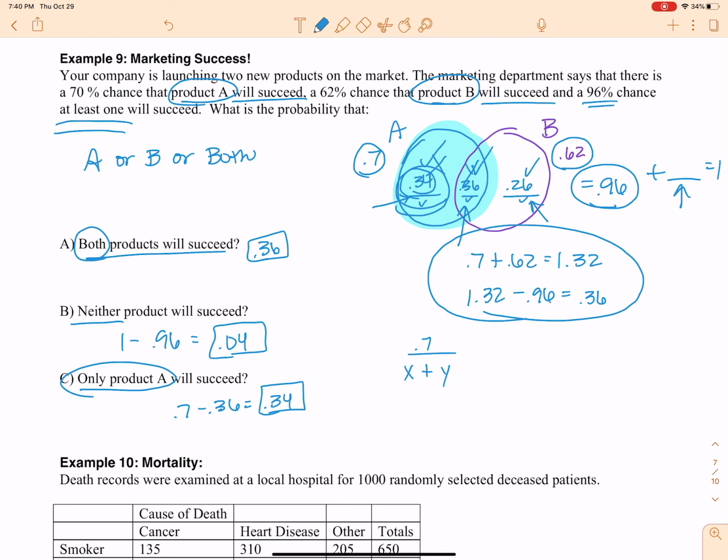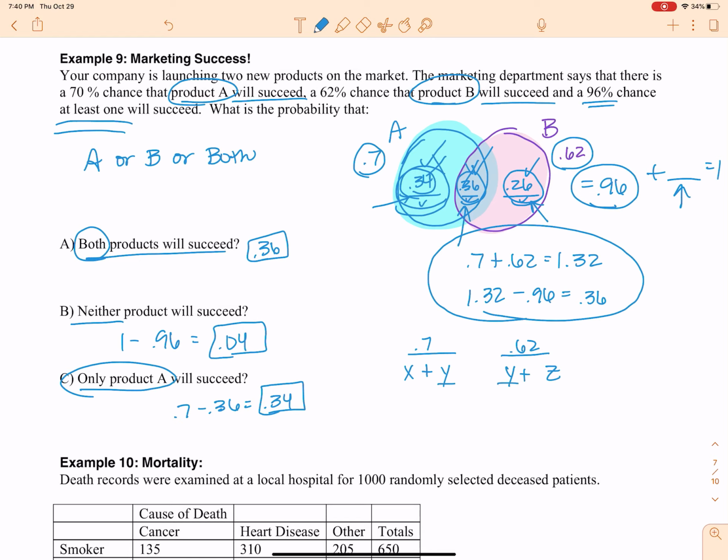That's what that whole circle consists of. All right, well, when I look at my other circle, when I look at B, I also have a blank. Okay, this blank right here, let's call it z, but I'm also adding that y again. Do you see that? Okay, that y is overlap.